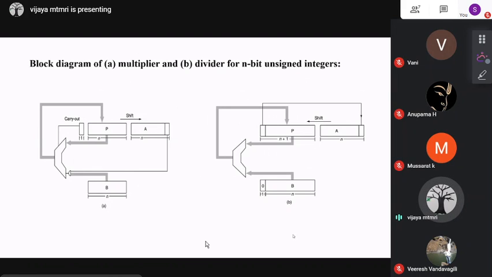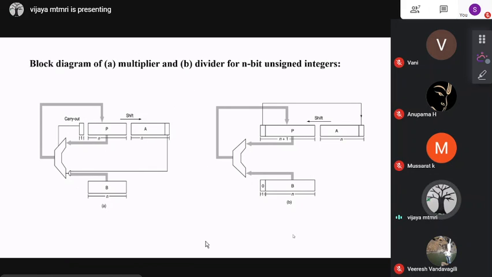Each division step involves first shifting p and a one bit, subtracting b from p, and if the difference is non-negative, putting it into p. If the difference is non-negative, the low order bit of a is set to 1.